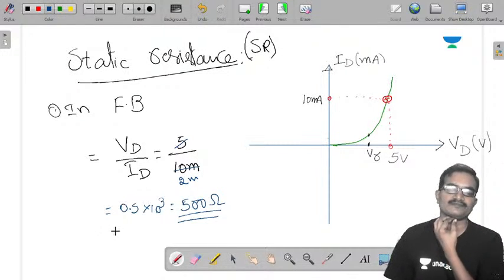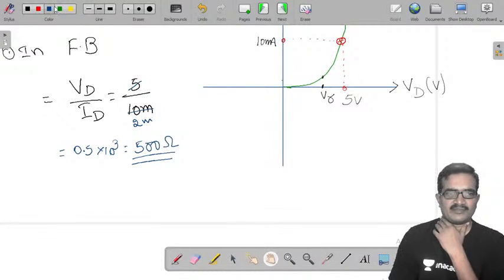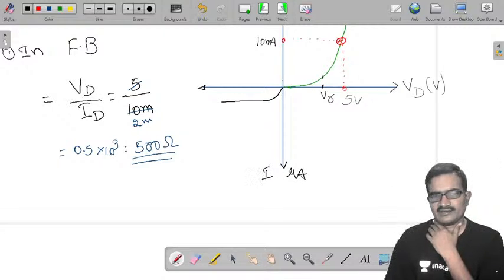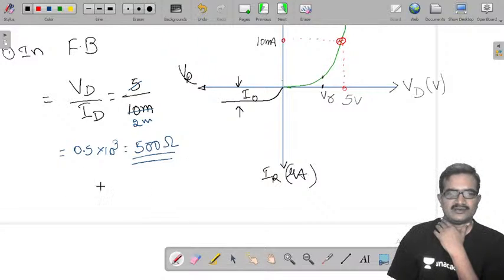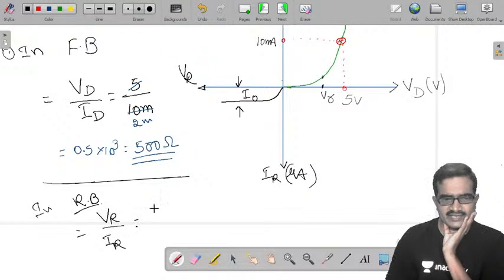Now in reverse bias we check the same thing. Let me complete the reverse plot also. This is of the order of microamperes, IR, this is the applied reverse voltage, and we call it I naught. In reverse bias, it is reverse voltage by reverse current.